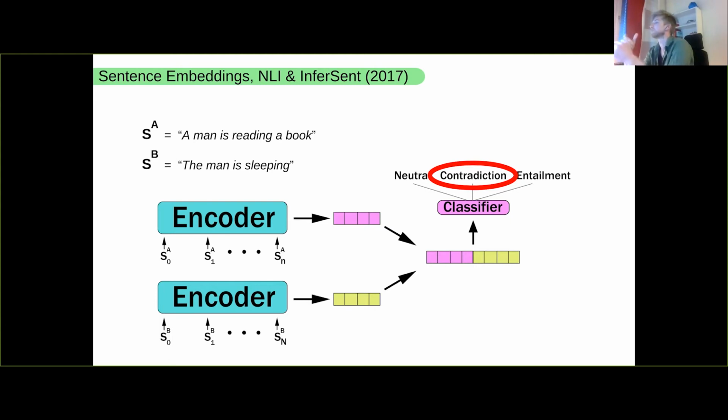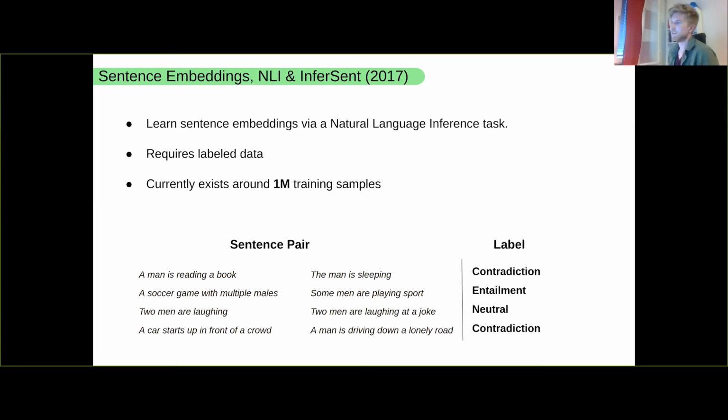So I suppose the intuition here is that once you have a representation that is good for inference, it will be good for other tasks as well.